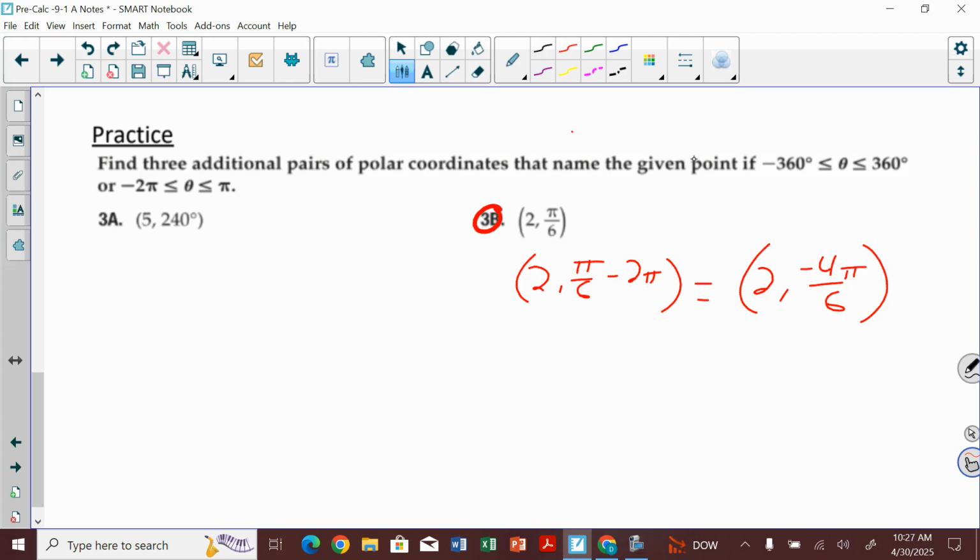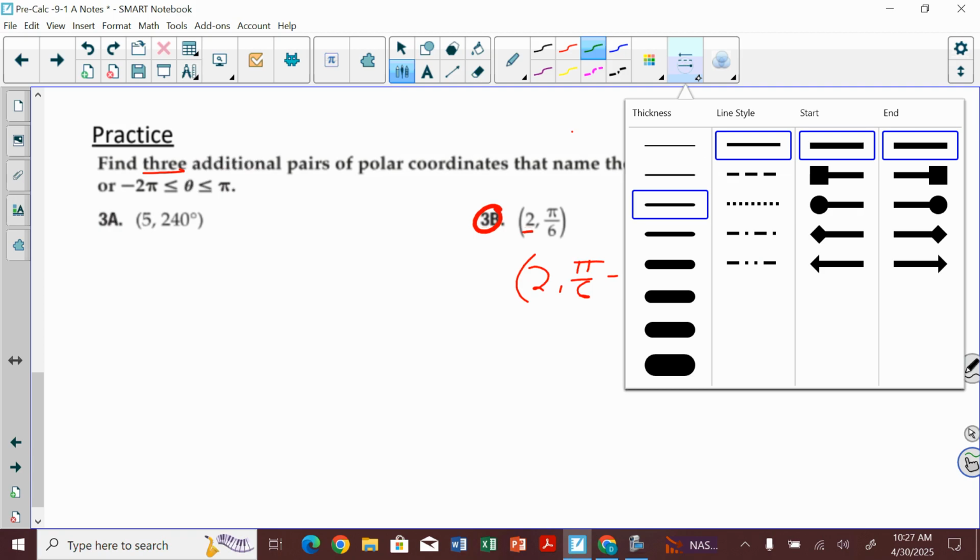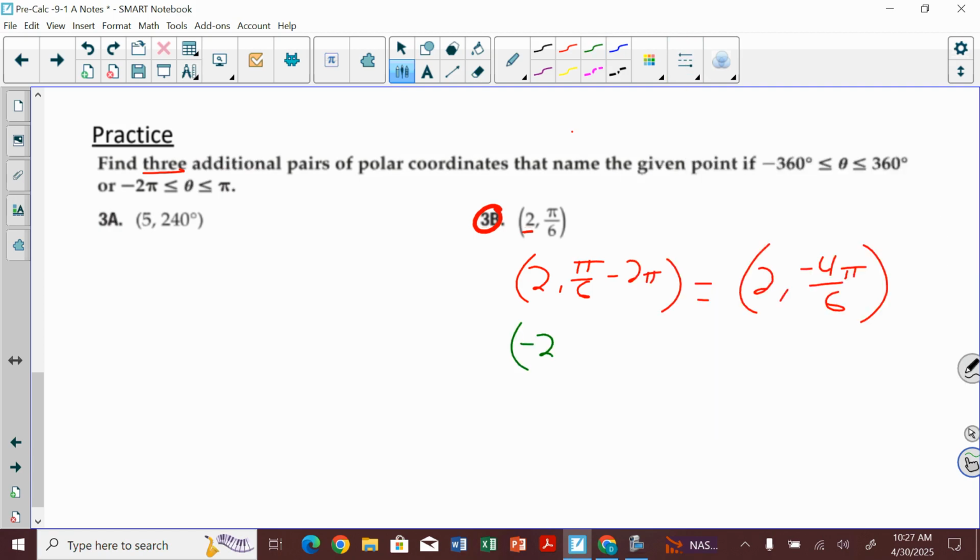Now, since I want 3 additional pairs, I can use a negative value of r as well. So if I go with negative 2, then I'm going to take my pi over 6 and add or subtract 180, or in this case, since we're dealing with radians, add or subtract pi. So let's subtract pi. Then I get negative 2 comma negative 5 pi over 6.